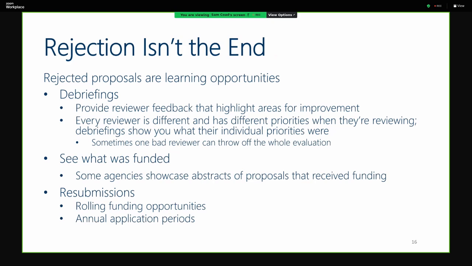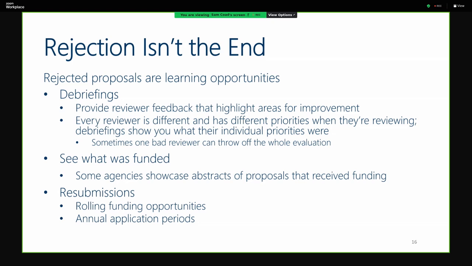And then also, if you submit your proposal and it's rejected, it's not the end. Rejected proposals are learning opportunities. If your agency has debriefings as an option after your proposal has been rejected and you've been notified of that, those can provide reviewer feedback and they can highlight areas of improvement.